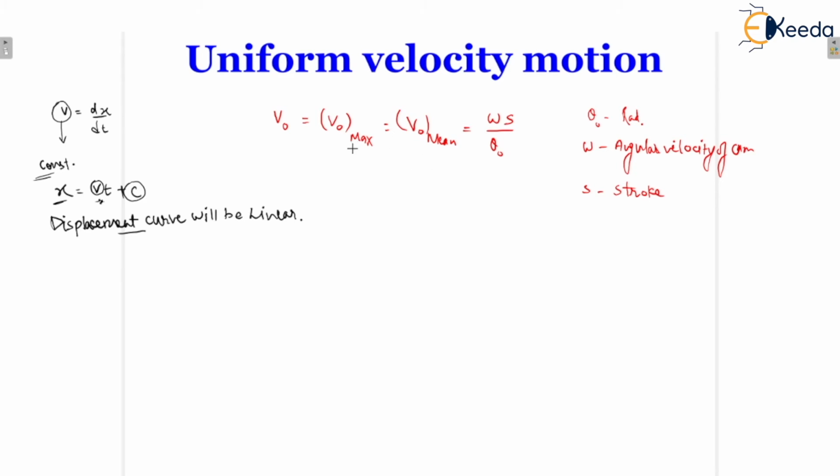So this would be omega s upon theta naught as the mean velocity of the follower, because the velocity is uniform in this case.